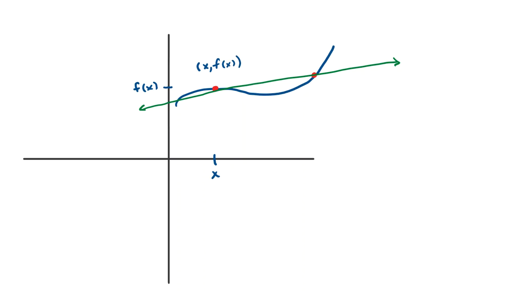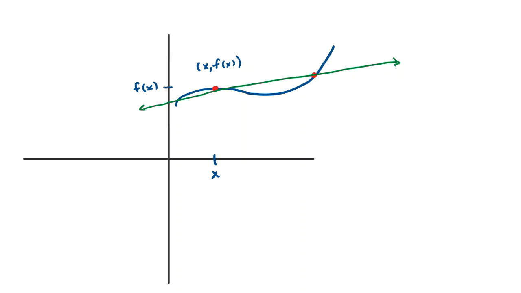Now let's say that it takes me h units to get from the first point to the second point from a horizontal perspective. So basically what I'm doing is adding h units to this x right here.